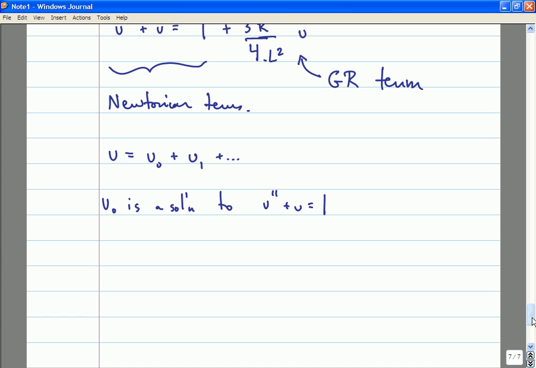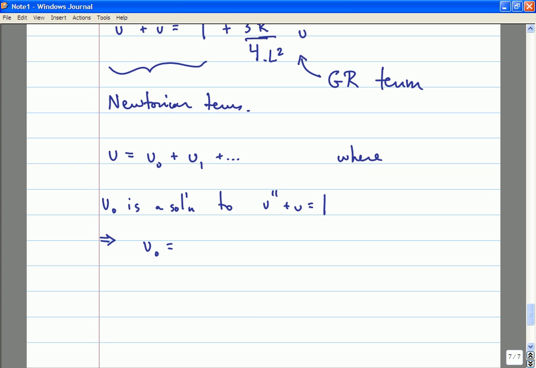So what is the solution to this equation? Well, this is the equation for a simple harmonic oscillator with a driving force equal to 1. So what is the solution to that? Well, the solution to that is the solution to a simple harmonic oscillator, namely a sine or a cosine.